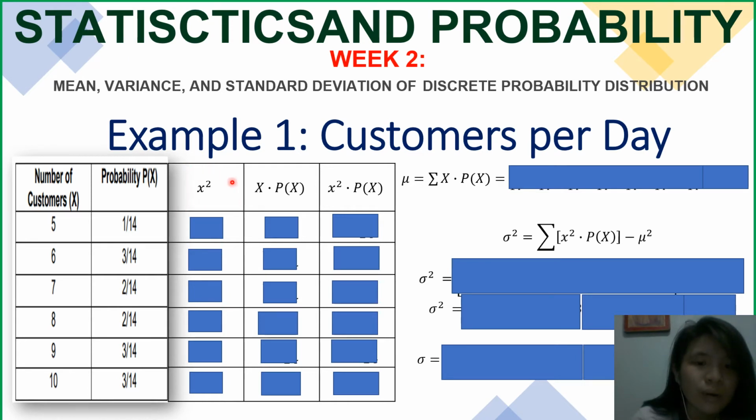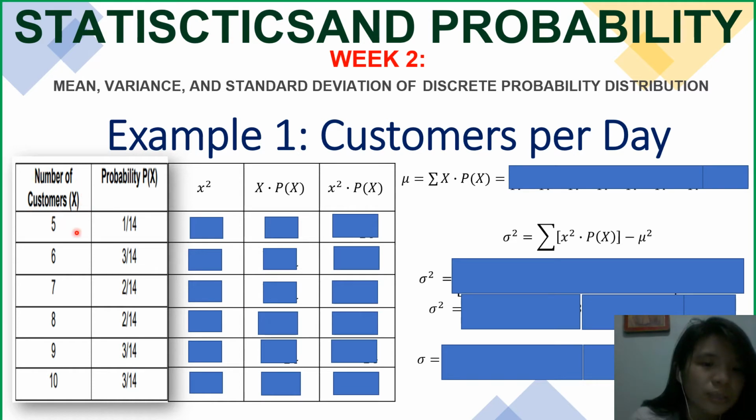Bakit kukuhanin yung x squared? Kasi nasa formula natin yon, right? Yung formula natin for standard deviation and variance, may x squared siya. So, isa-square lang natin yung number of customers.